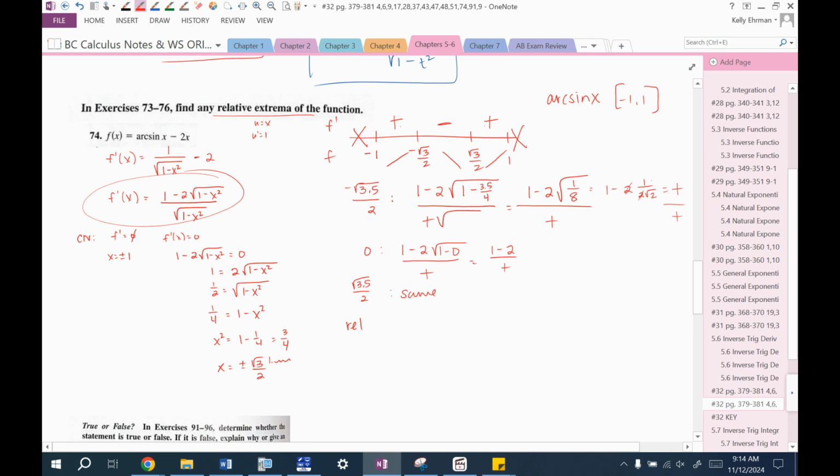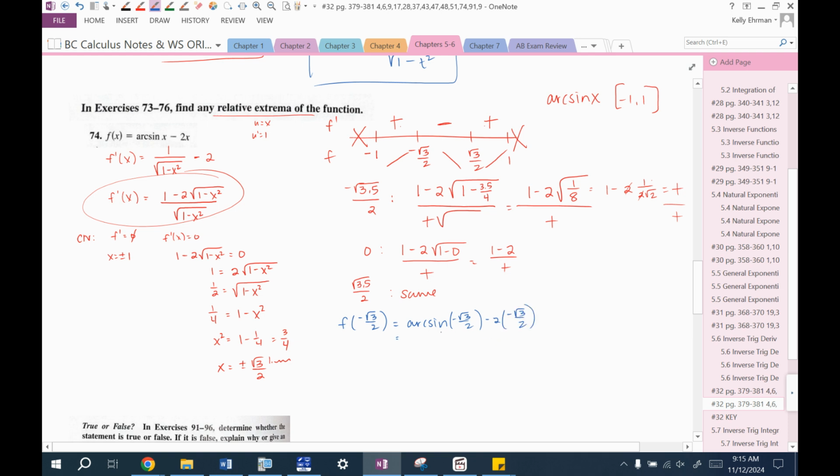So there is a relative max at, oh, I haven't found the point yet. Hold on. Let's go ahead and find the relative extrema. So what is f of negative radical 3 over 2? So that's the arc sine of negative radical 3 over 2 minus 2 times negative radical 3 over 2.